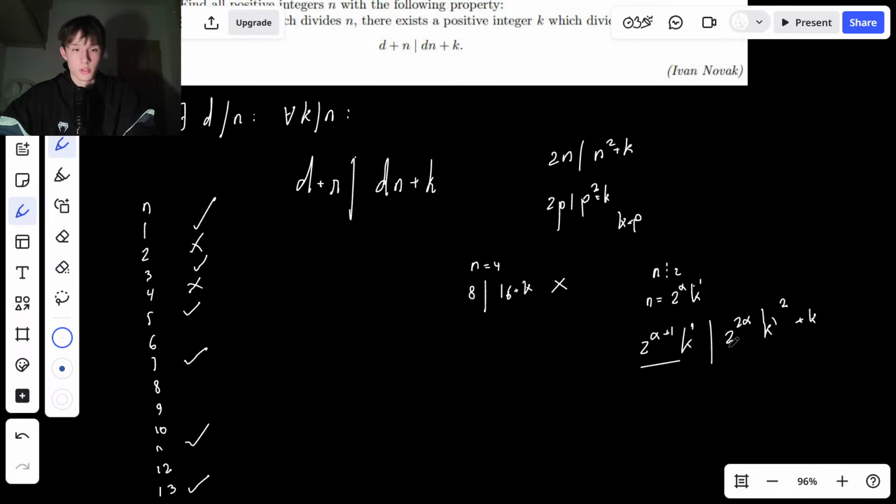This divides 2 to the alpha plus 1, so this should be at least 2 to the alpha plus 1 plus something. And this divides k prime, and this should be divisible by k prime. So this should be 2 to the alpha plus 1 times k prime.